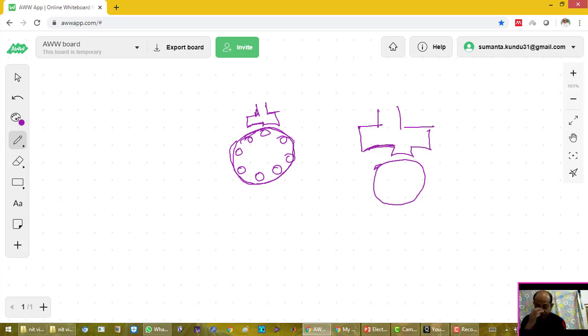So what we have been able to do is make a non-uniform air gap.